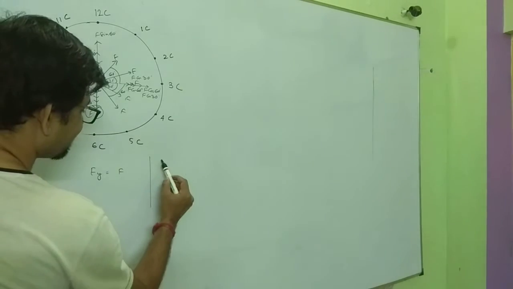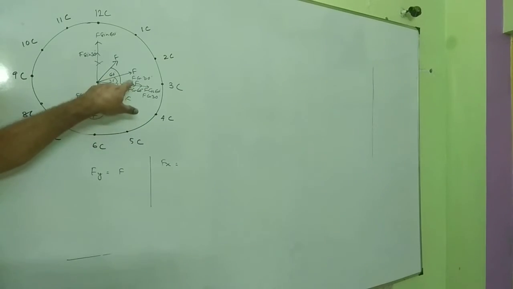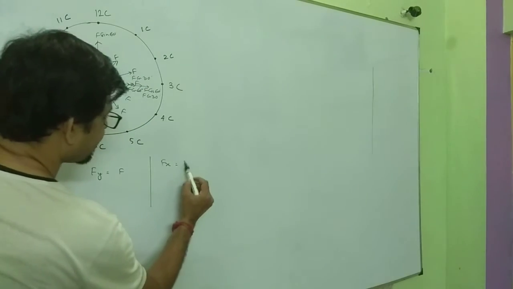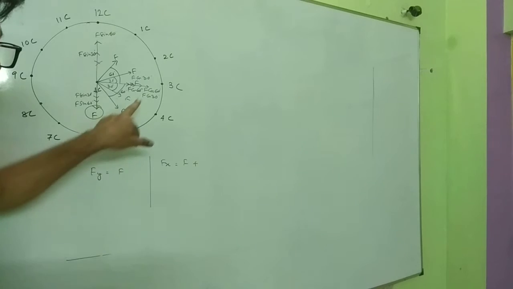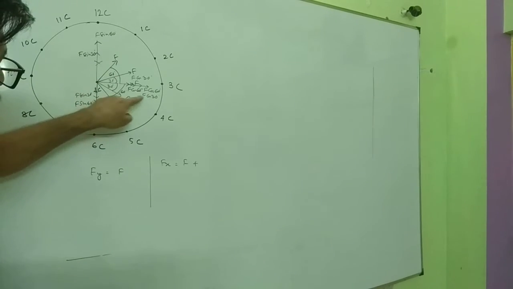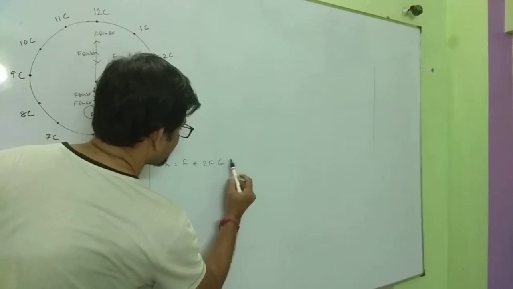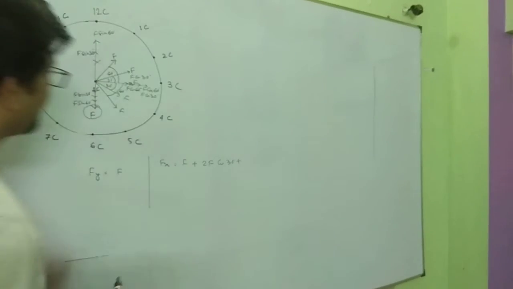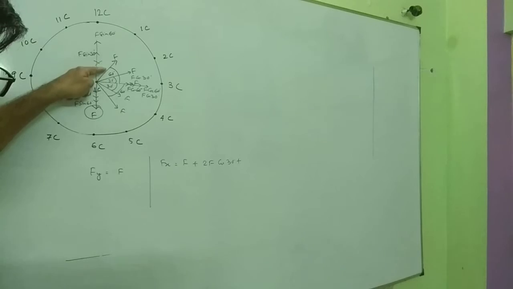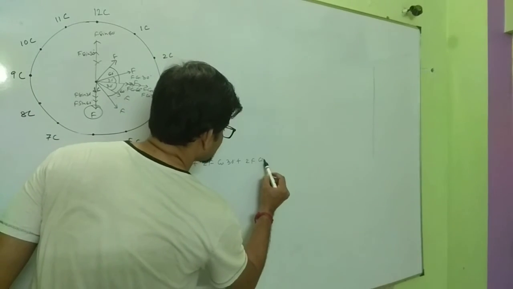Now what is the net force along X? The net force along X becomes, one F is there already, that is F, plus F cos 30 due to this one, F cos 30 due to the downward one, so 2F cos 30, plus F cos 60 due to this one, F cos 60 due to this one, so 2F cos 60.